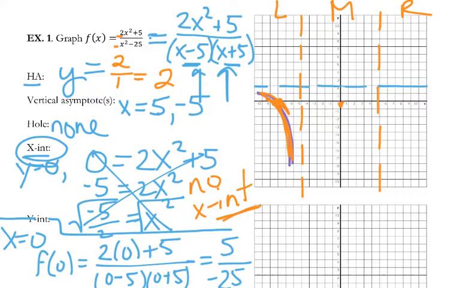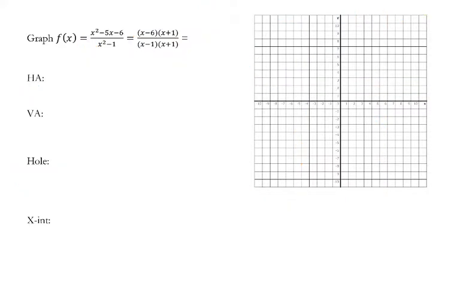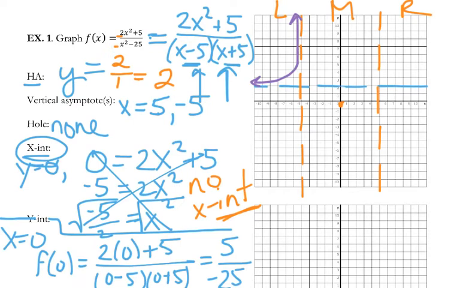So let's erase these and make it look a little nicer. We have to hug the vertical and horizontal asymptotes. Whoop. Went too far. There we go. Hug the vertical and horizontal asymptote. Let's look at the right-hand side. I could be up top or below, but if I'm below, it creates a new x-intercept, one that we don't have. So I have to be above the horizontal asymptote again.